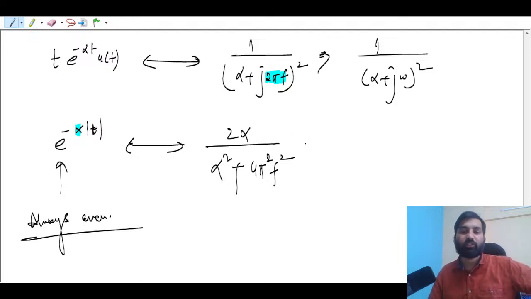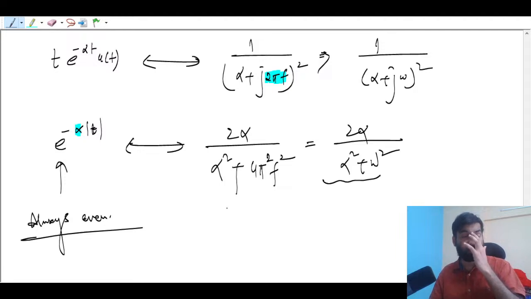Now what you can do here is write this as 2 alpha upon alpha square plus omega square. I think remembering this is far easier compared to the f form. आप कुछ भी कर सकते हो, है ना? Okay, so hopefully this makes sense.